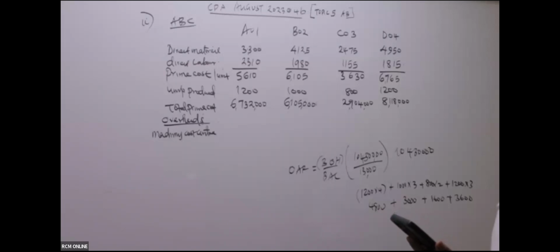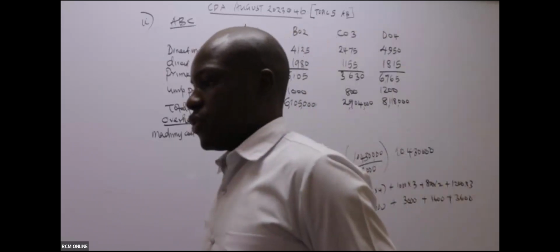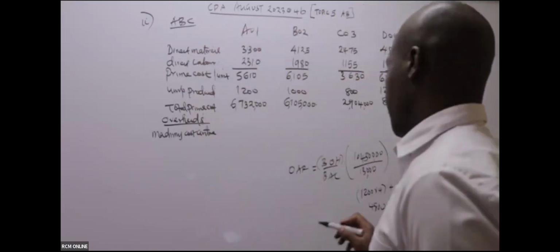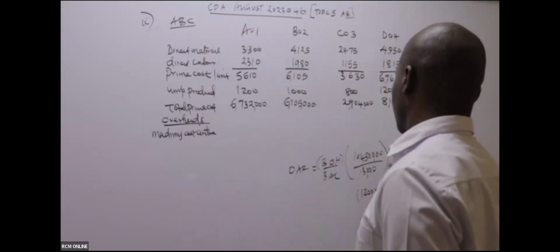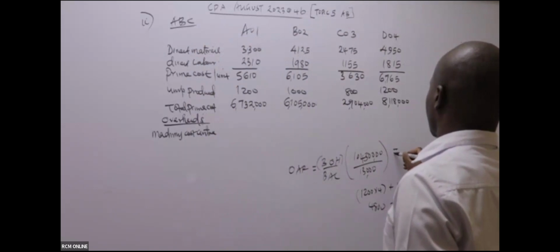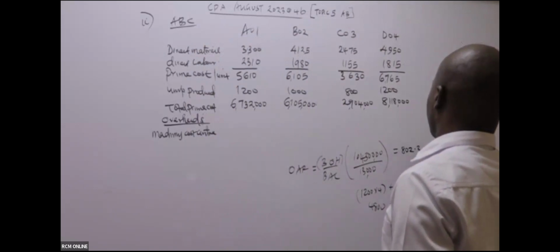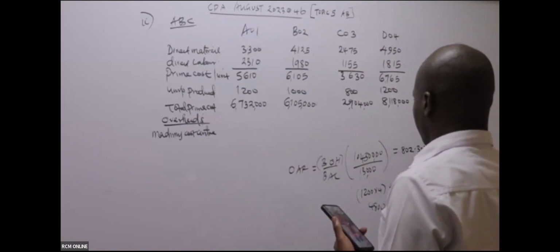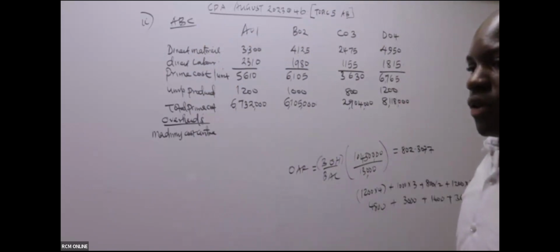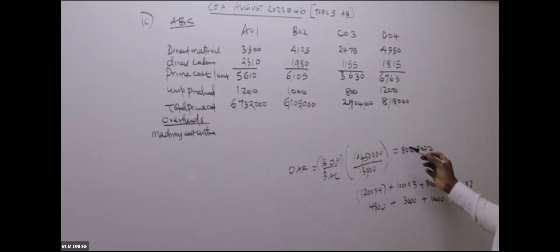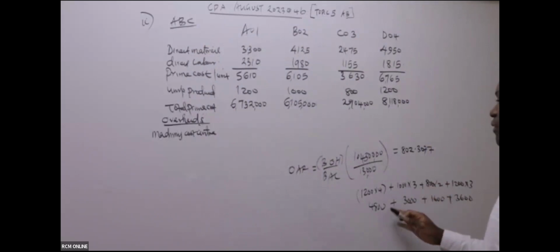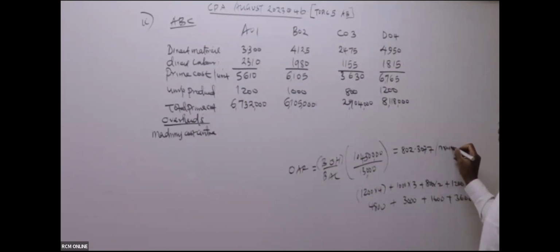Okay, my goodness, they are so quiet. 802.377. So this is what we are going to use as the overhead absorption rate, to be able to get the overheads distributed. So this is what we have per machine hour, right?